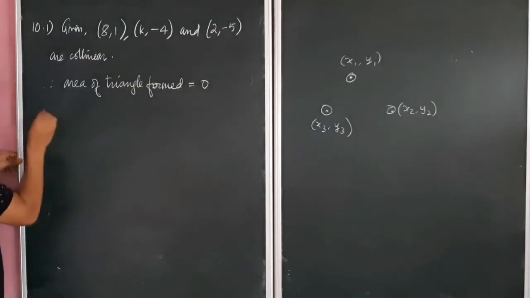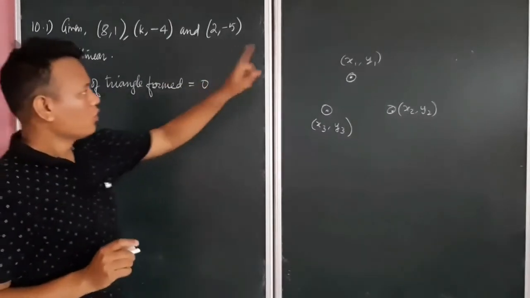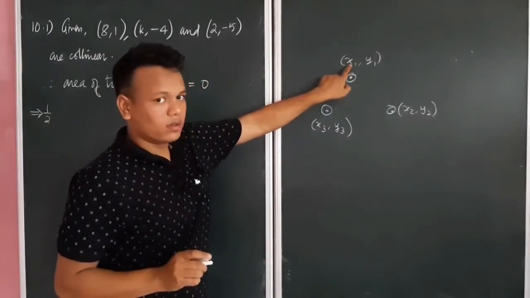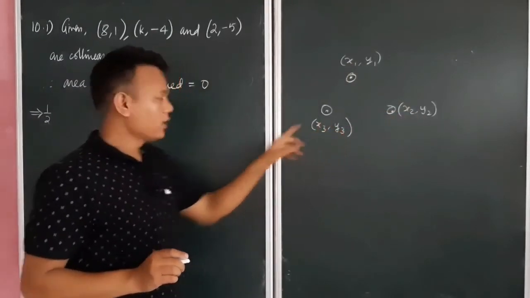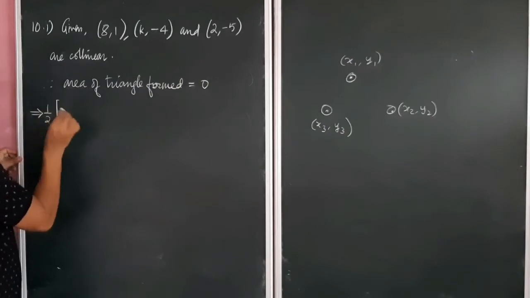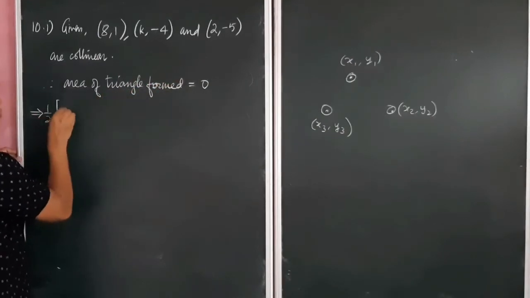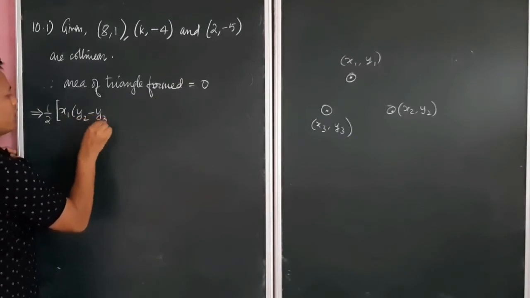Now the area of the triangle is given by half into something. If you don't know the formula, it's easy to remember. First you write x1, then you write y2 minus y3. Let me write the formula so that it becomes easy to remember. So write x1 into y2 minus y3.